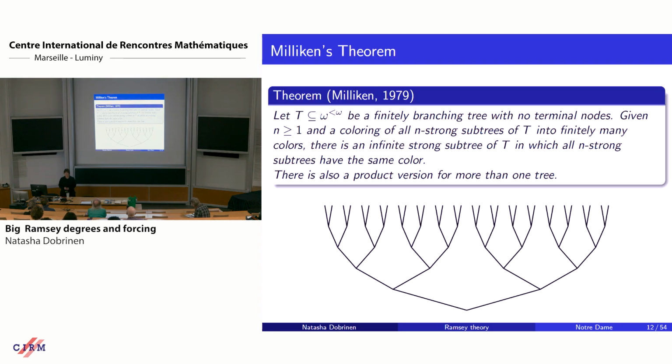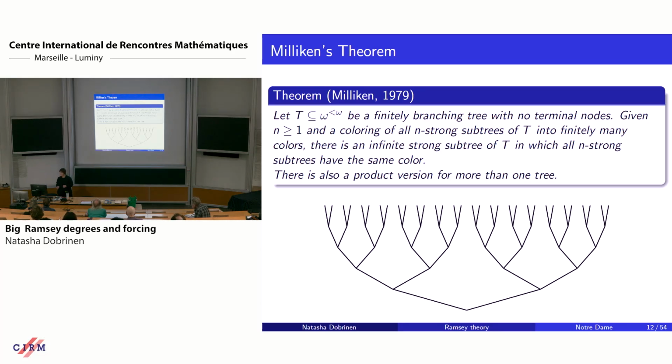Okay, so Milliken's theorem, which many of you have seen this slide before over the years. Milliken's theorem is a Ramsey theorem for trees, where you're looking at a finitely branching tree with no terminal nodes. And given n greater or equal to 1, you have a notion of an n-strong subtree, which is just a subtree with n many levels that's fully branching inside the ambient tree.